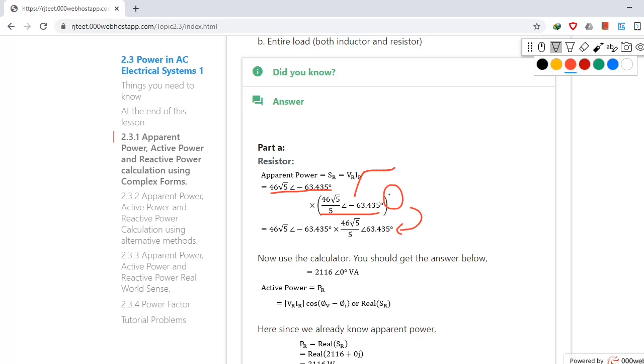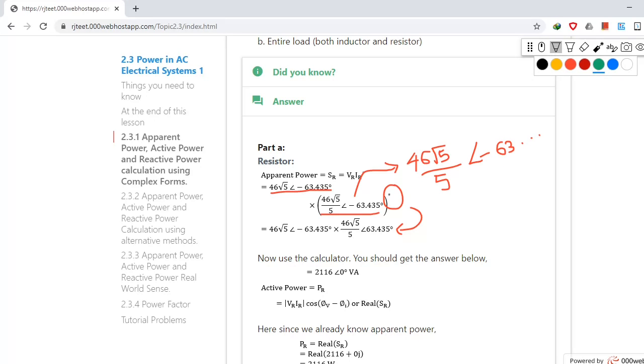So if I take the current value out, it's 46 times root 5 divided by 5, and the angle is minus 63 point something.